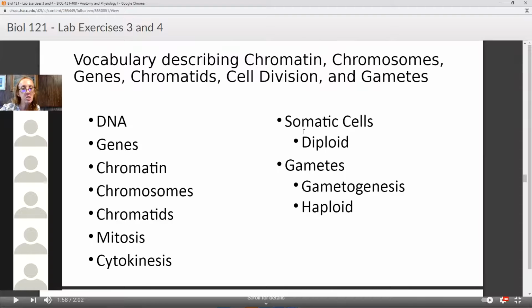So all of your somatic cells, your muscle cells, your skin cells, the cells that I swabbed off my cheek, they contain 2 of the 23 pairs of chromosomes.